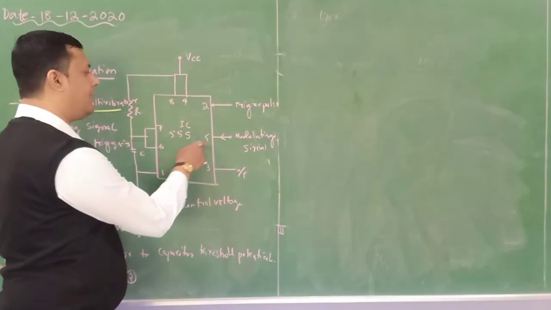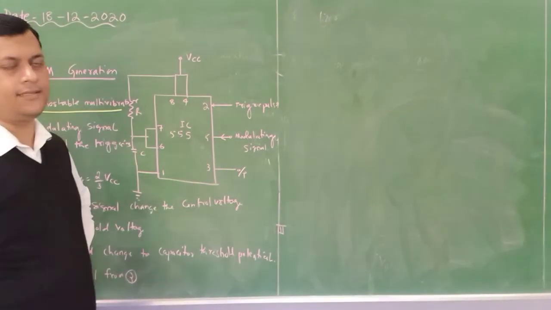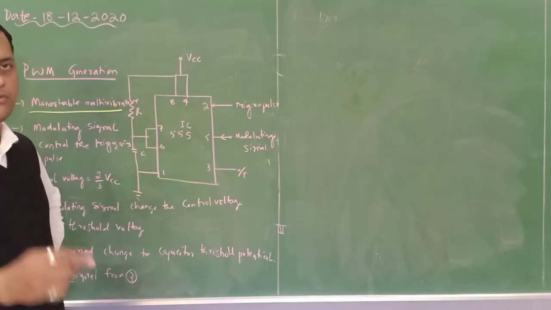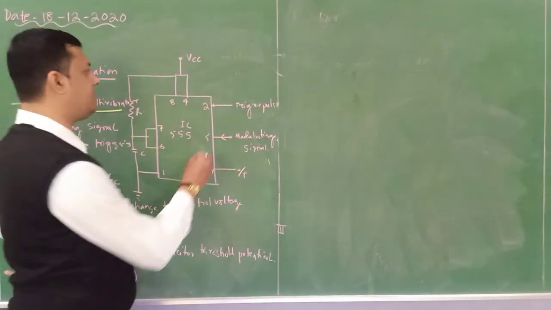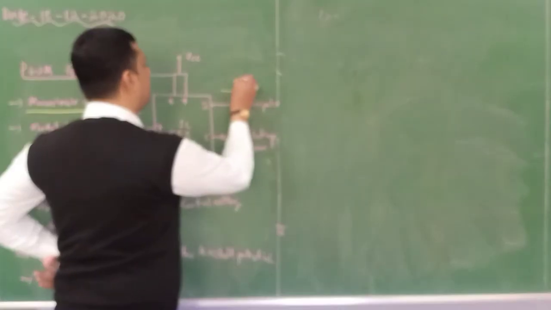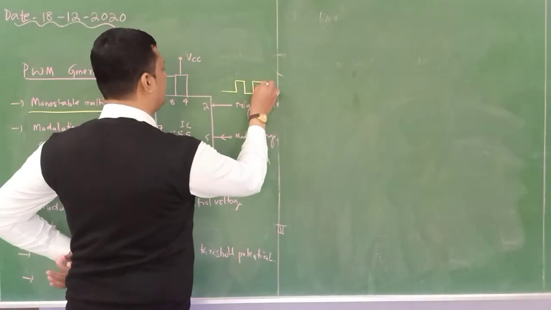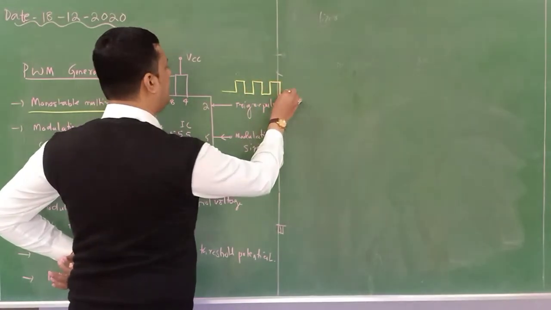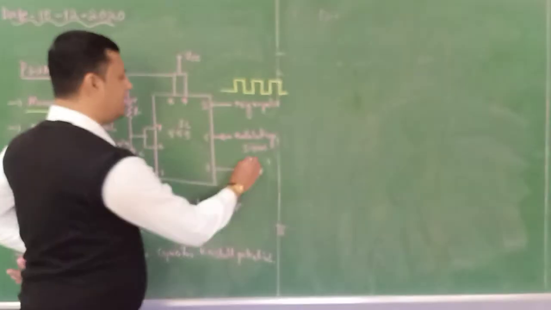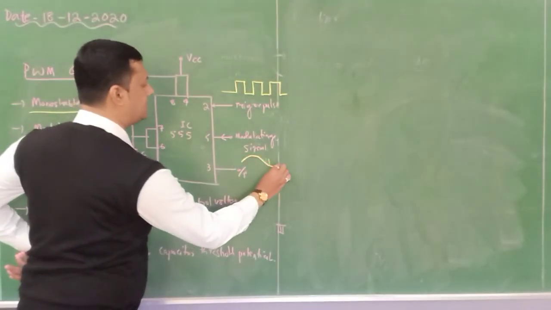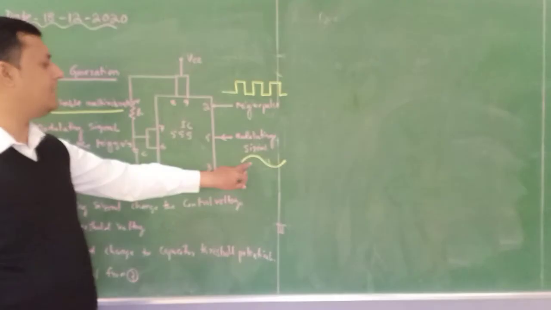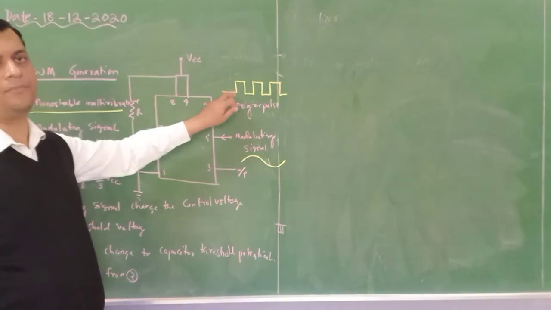Pin number 5 is called the modulating signal. This modulating signal is going to control the triggering pulse. Triggering pulse means the pulse will be provided continuously. Here the trigger pulse will be provided, and the modulating signal controls this particular pulse. Yes, it is controlled.